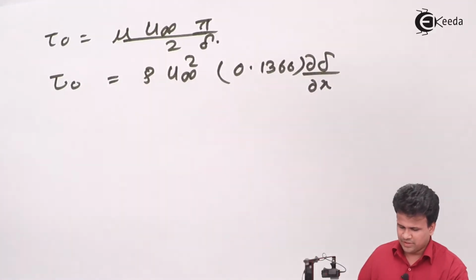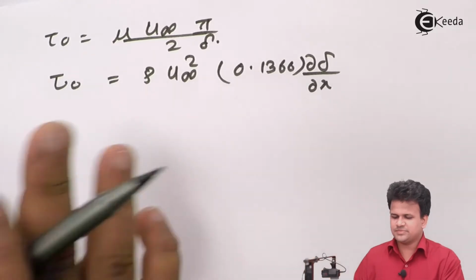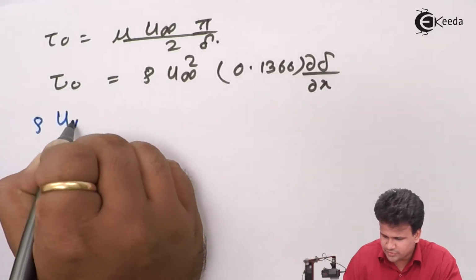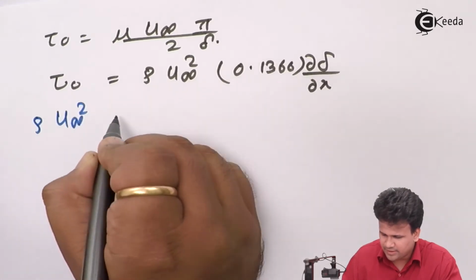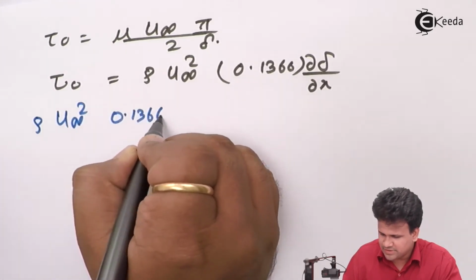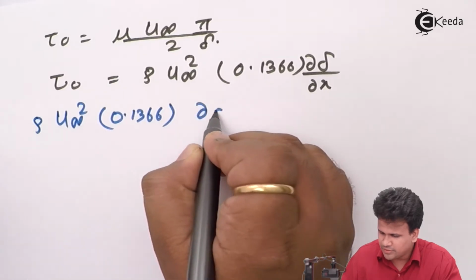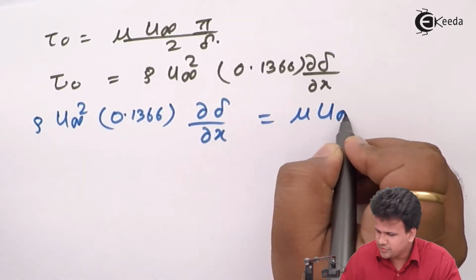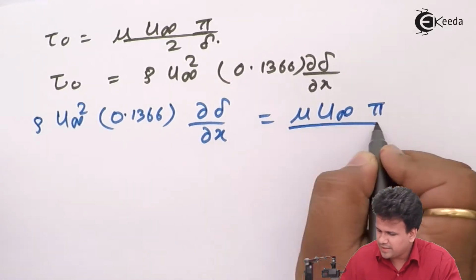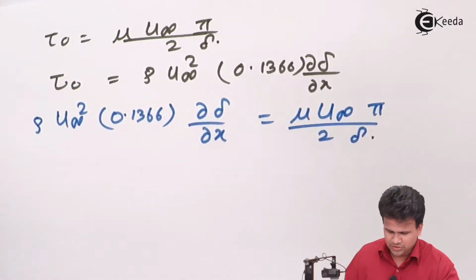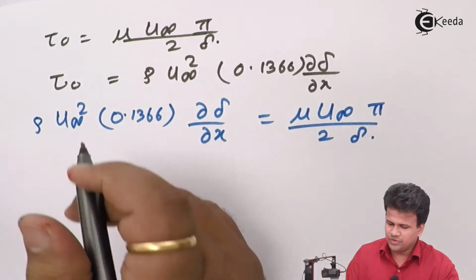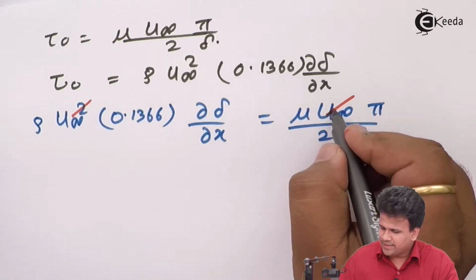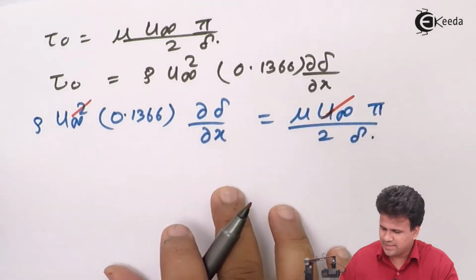So we have these two equations. We'll substitute one in terms of the other. So rho u infinity square into 0.1366 dou delta by dou x equals mu u infinity pi by 2 delta. Over here the value of u infinity will cancel out, and we can calculate the entire thing.